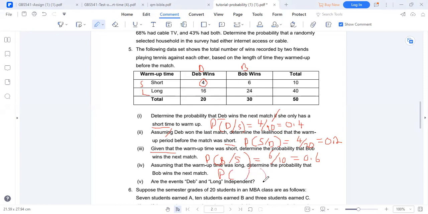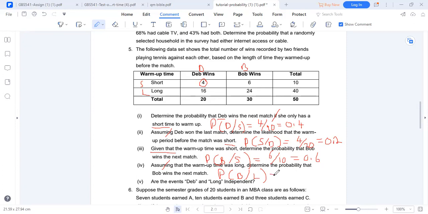Assuming that the warm-up was long, determine the probability that Bob wins the next match. So here we're going to say the probability of the intersection over the probability of long. So given long, correct. So slash long, the L comes down there. Find Bob. So Bob comes on top.